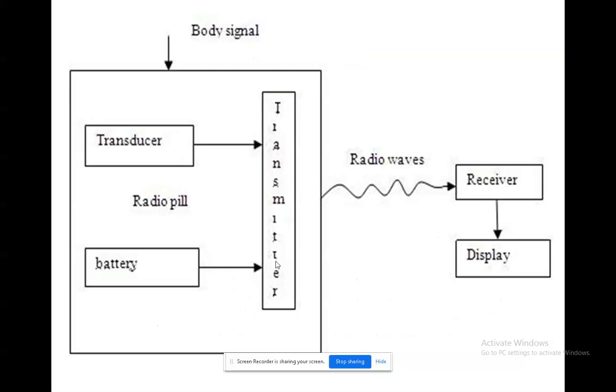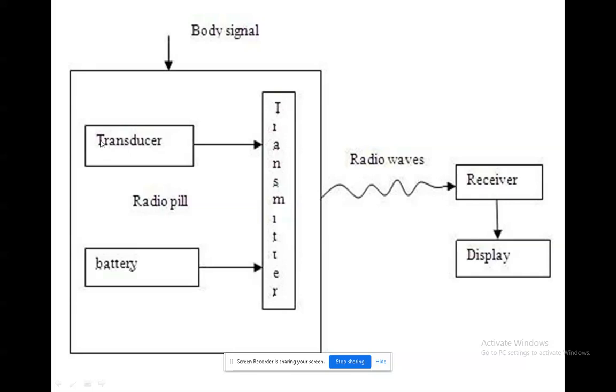So this is the diagram of the radio pill. The radio pill will have a transducer, battery, and then transmitter. Okay, this is the transmitter. So here the transducer will receive the information, that is, the biosignal from the body.